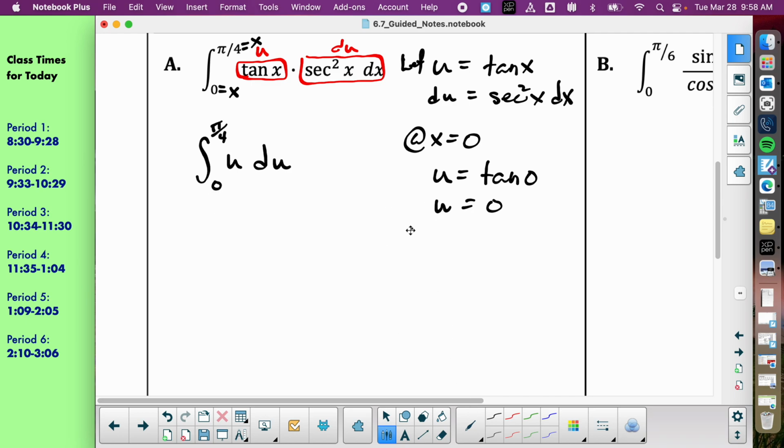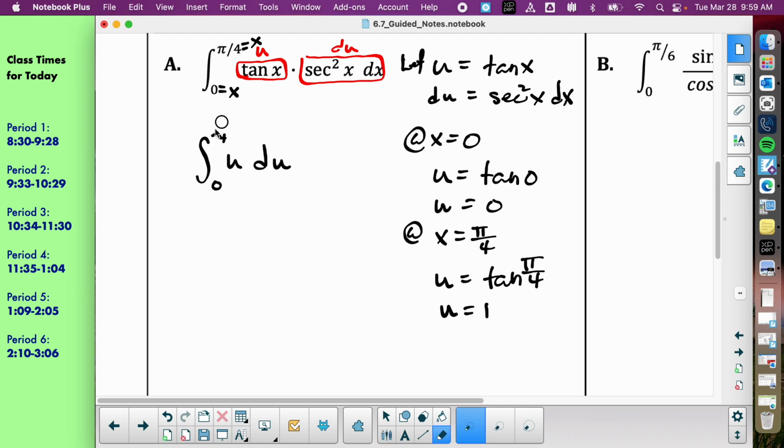Okay, now at x equals pi fourths, the u value would be tangent of pi fourths. Tangent of pi fourths, I believe, is 1. Yeah. So instead of me writing pi fourths, I would have to write u equals 1. And then that would be considered correct.